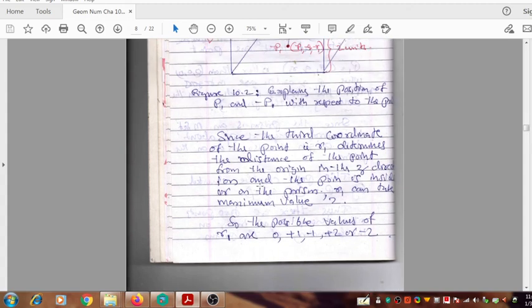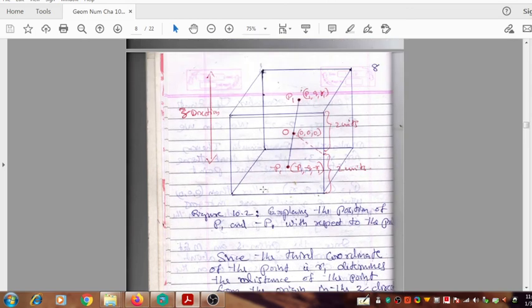Depending upon this information, what is that information? It is the information that R, the third value, represents the perpendicular distance of the point in the z direction from the origin.